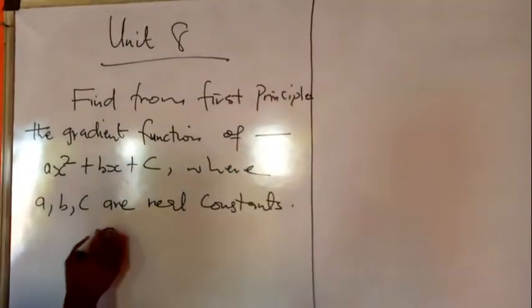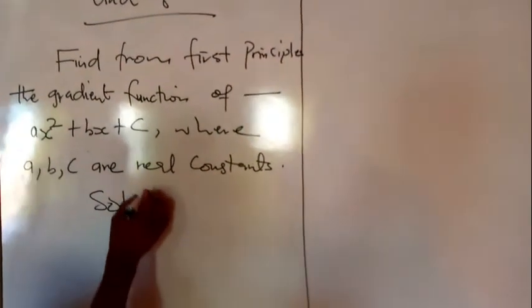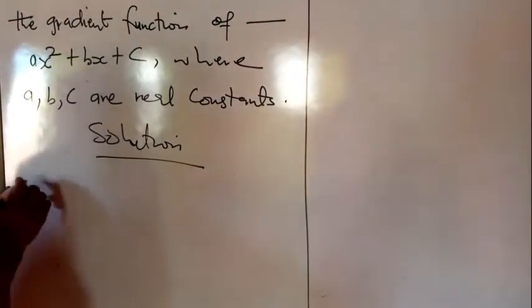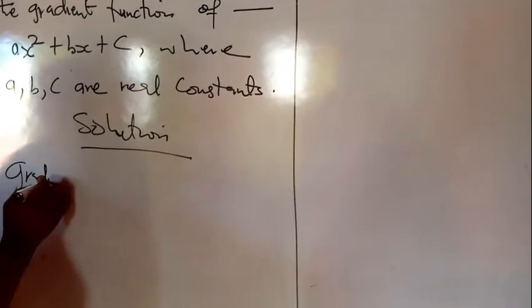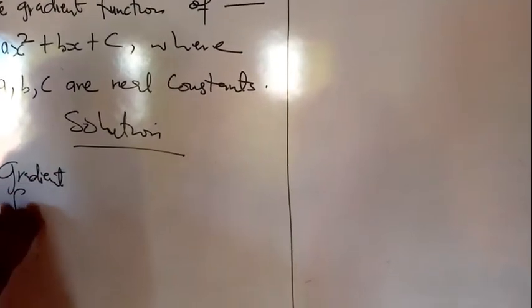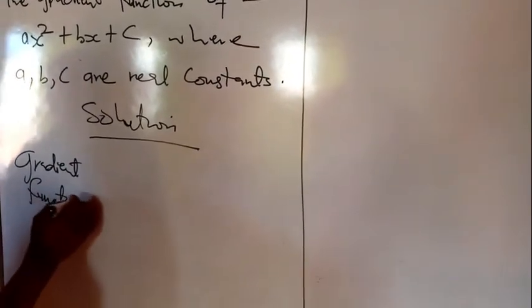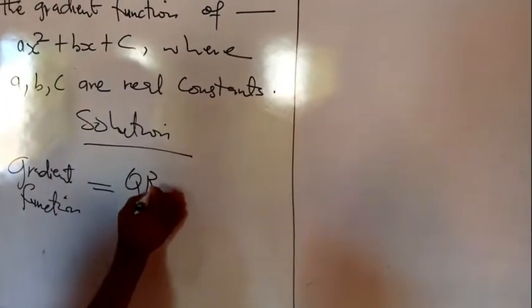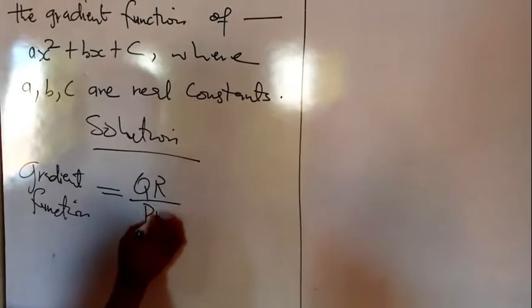So let's look at the solution. We are used to the principle now, gradient function. Our principle, Q arrow all over P arrow.